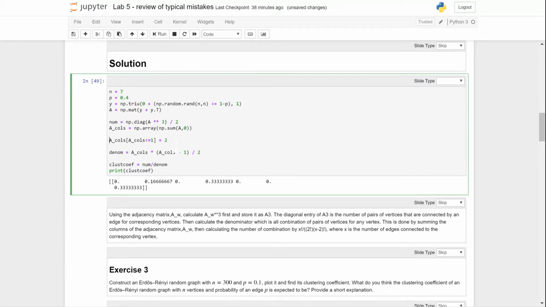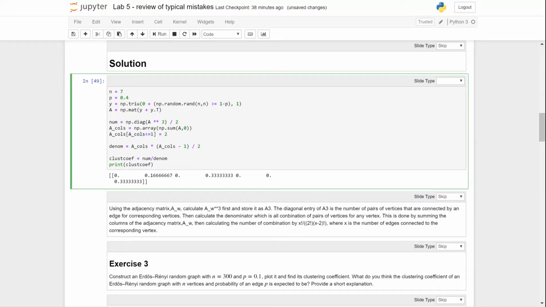I thought that it works because there is this extra assignment: if the degree of a vertex is 0 or 1, then it is just artificially changed to 2. This is to prevent issues with division by 0. So that has been taken care of, which means we don't really need to do anything else. So this is a full solution. Now it is correct. Now it's a good solution.